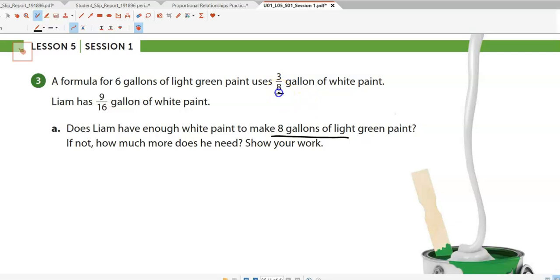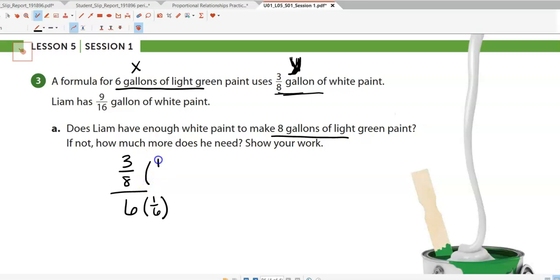So I'm going to make our gallons of white paint our y. And then I'm going to use our light green as our x, independent. So I'm going to put 3/8 to 6 gallons. And in order to reduce that, it's going to take dividing by 6, same thing as multiplying by 1/6.